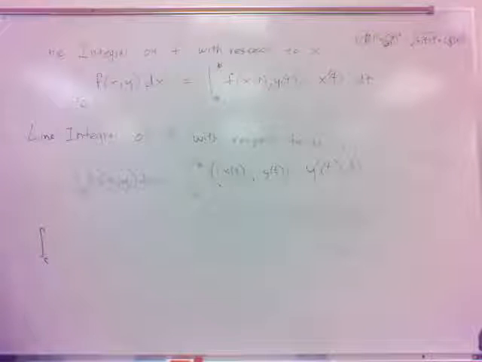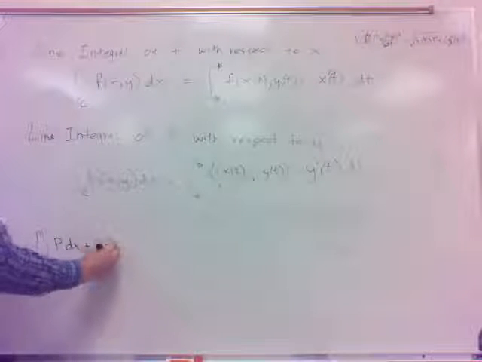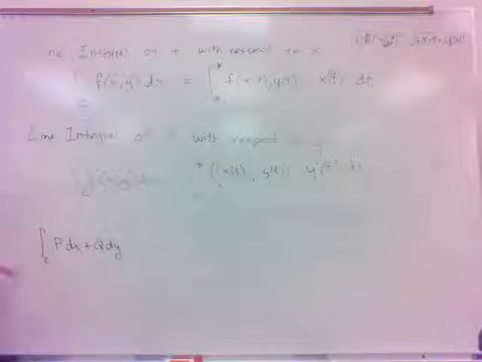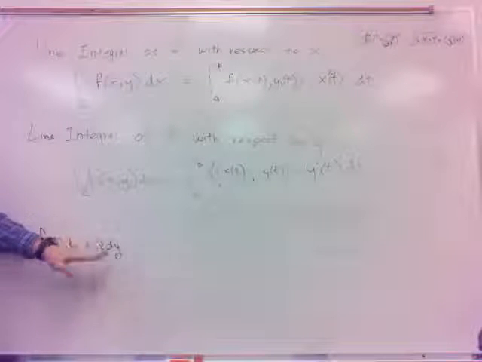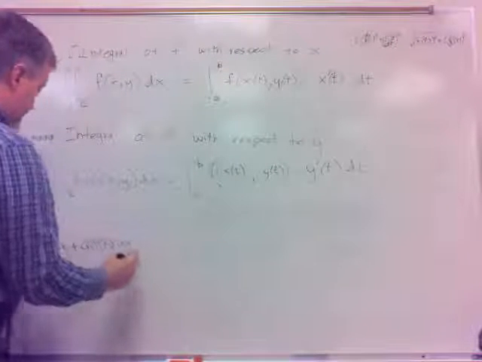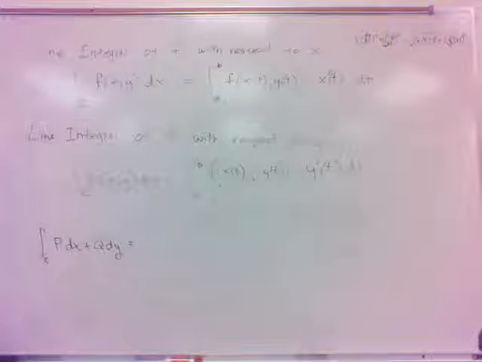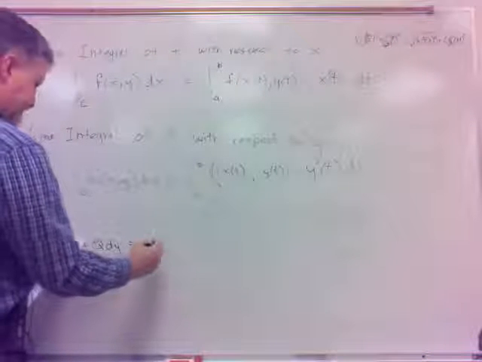So we're going to do a line integral over curve C again, P dx plus Q dy. In other words, we've got a function of x and y dx plus a function of x and y dy. We want to integrate over the curve for that. And so, yep, just break them up.